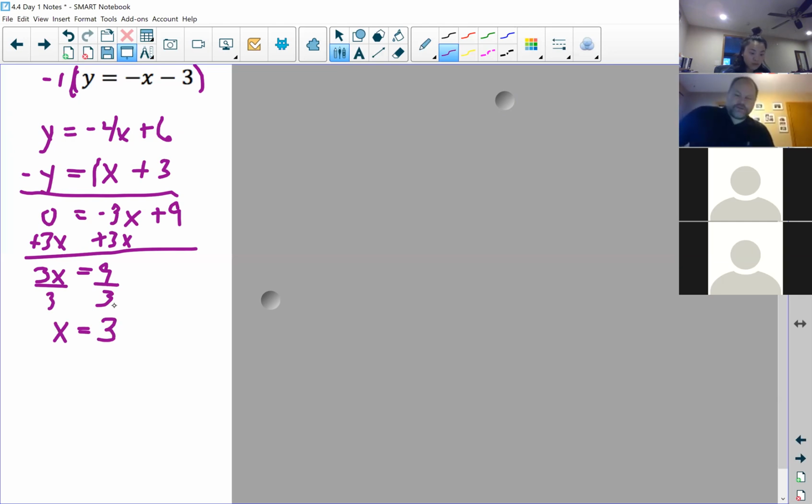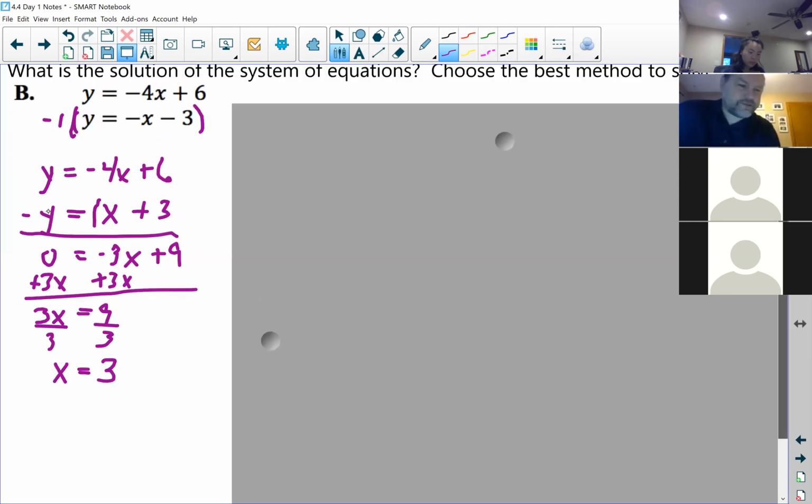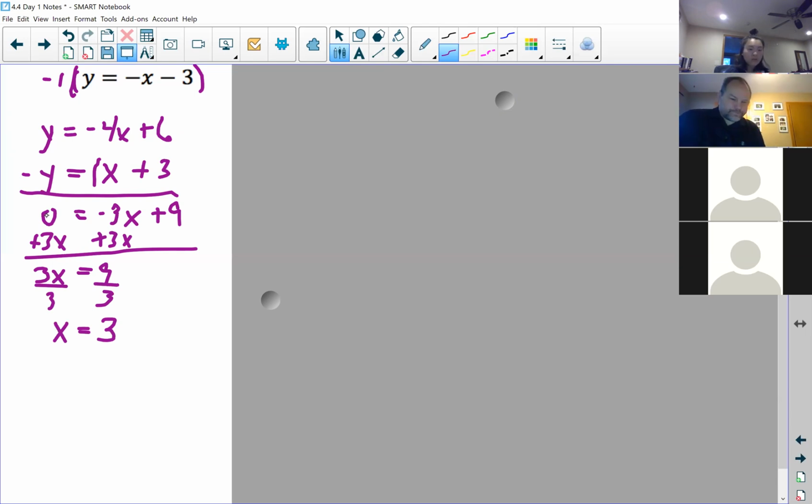So this would be if you use elimination. One of the things that can cause problems that some students have an issue with is getting that 0. But if you're using elimination, that's what's going to happen.